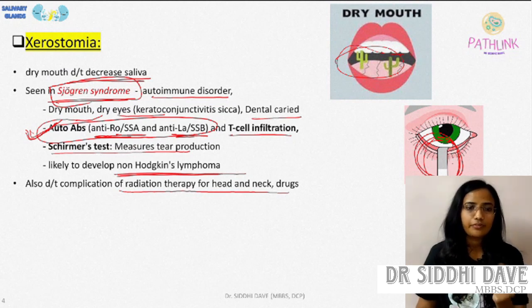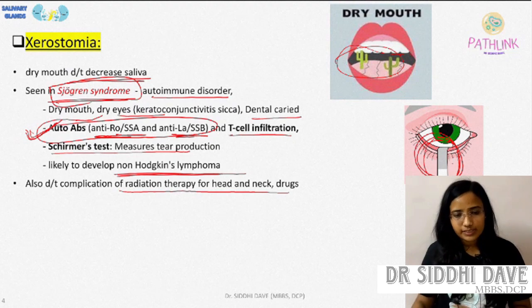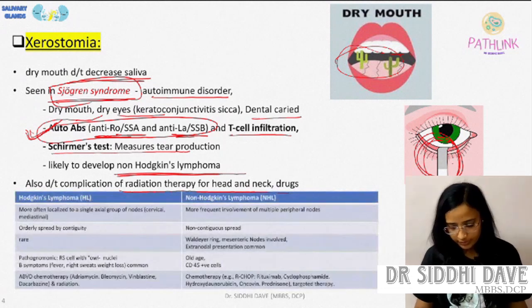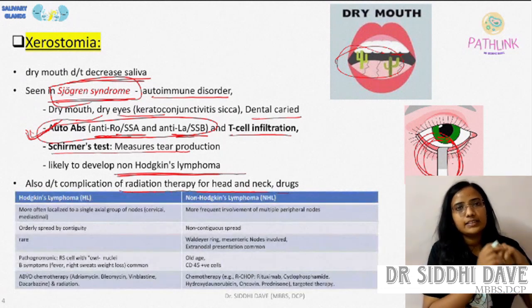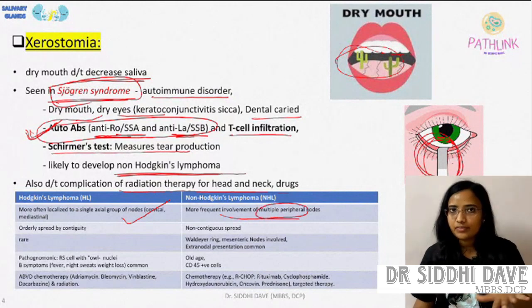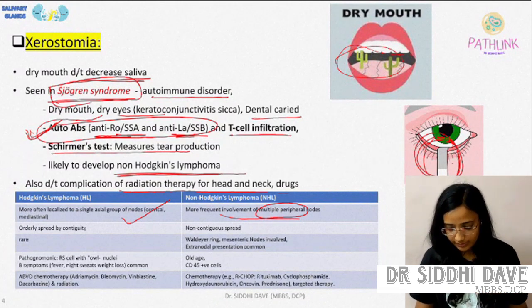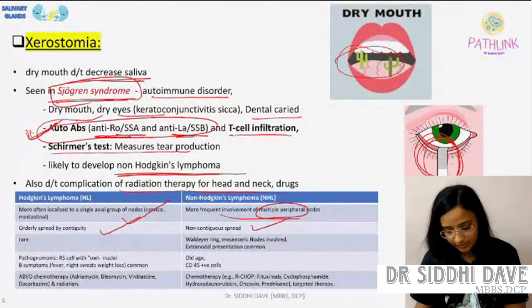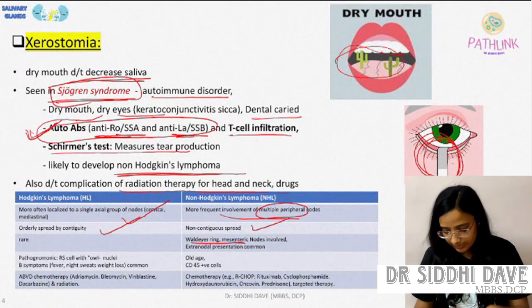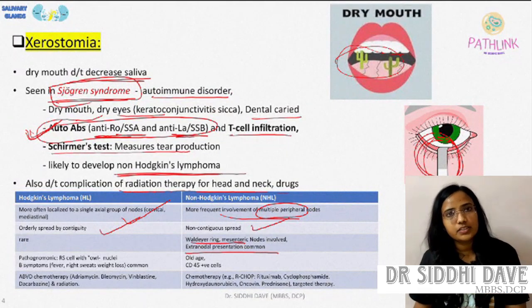So we will quickly revise Hodgkin lymphoma and non-Hodgkin lymphoma. Hodgkin lymphoma will be more localized to one group, and non-Hodgkin lymphoma will be seen mostly in multiple peripheral nodes. In Hodgkin lymphoma, there is contiguous spread, and in non-Hodgkin, non-contiguous spread. In non-Hodgkin lymphoma, Waldeyer's ring and extranodal presentation are common.